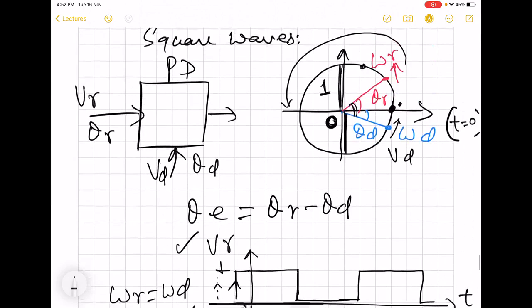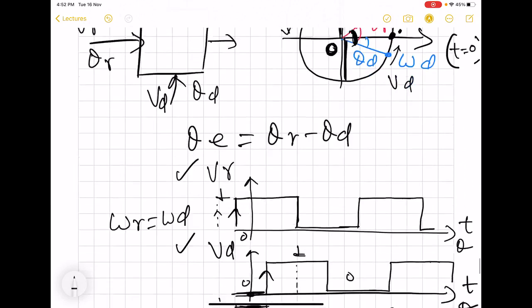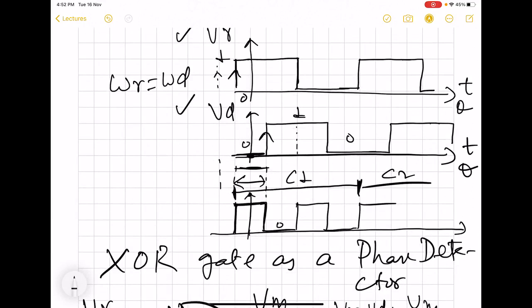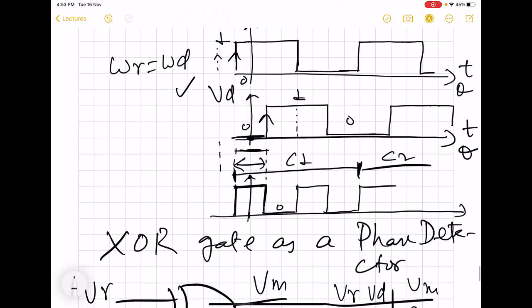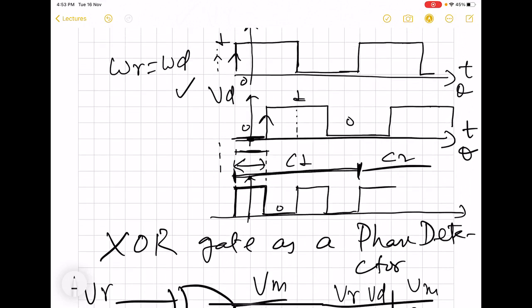We just wanted to see what corresponds to this phase error. We concluded that the difference between the rising edges of the two signals gives the idea of the phase error between them. So over one cycle you can see that we have two pulses, this P1 here and P2 here.